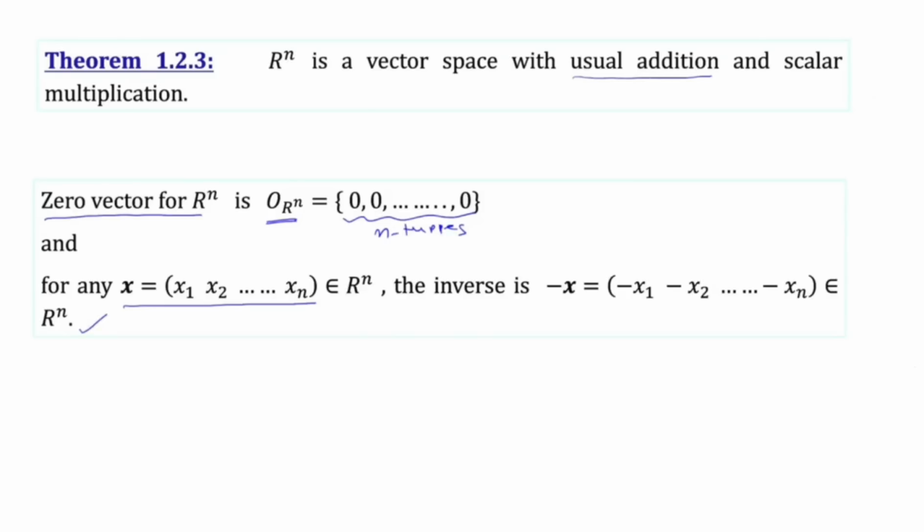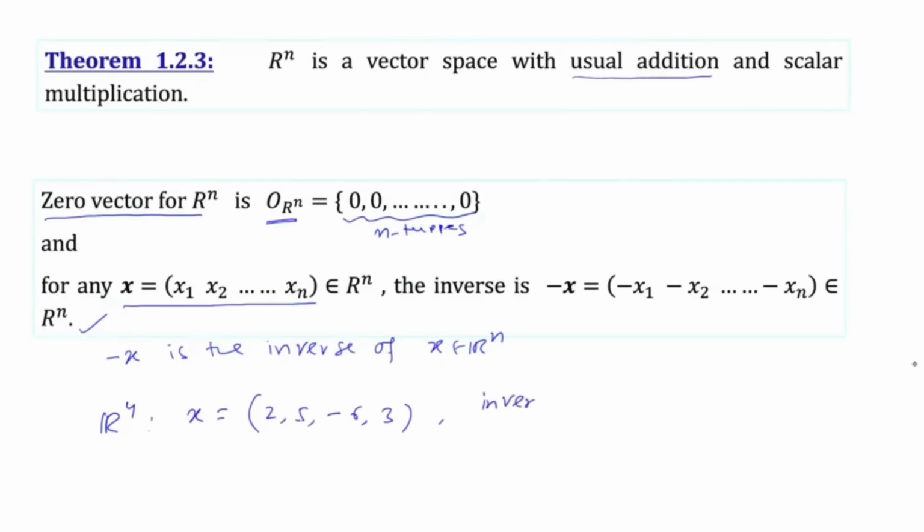So negative means here we have to multiply by minus 1, and by the scalar multiplication you will have (-x1, -x2, ..., -xn), which also belongs to Rn. So therefore minus x is the inverse of the vector x belonging to Rn.